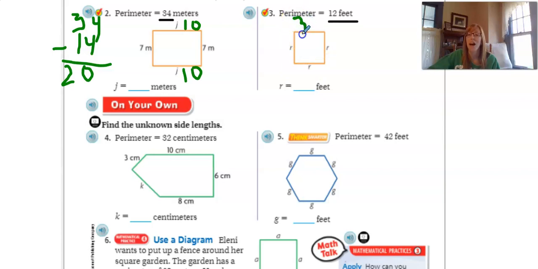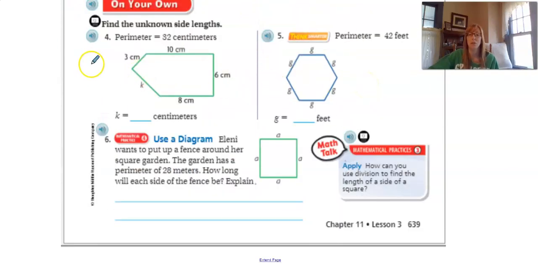If I added up 3 plus 3 plus 3 plus 3, that would be 12 because perimeter is the distance around. So 3 plus 3 is 6, plus 3 is 9, plus 3 is 12. So with the perimeter being 12, you equally divide it among 4 sides, which is 3 feet each.